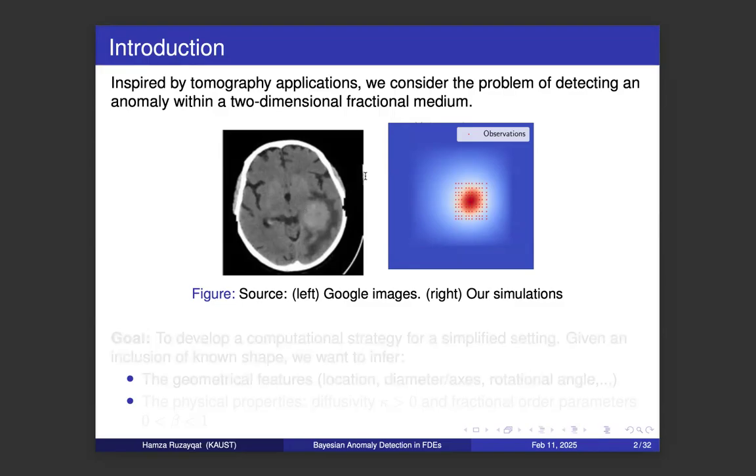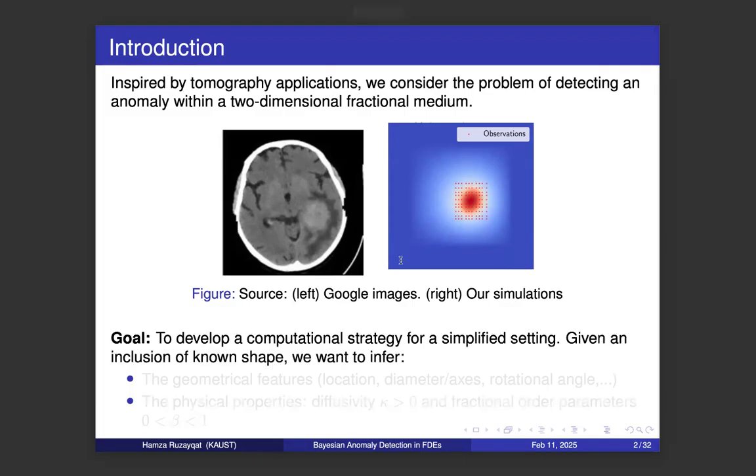Inspired by this kind of application, we consider the problem of detecting an anomaly within a two-dimensional fractional medium. On the right-hand side in the picture, the anomaly is this ellipse, and these dots are just some observations. The goal is to develop a computational strategy in a simplified setting.